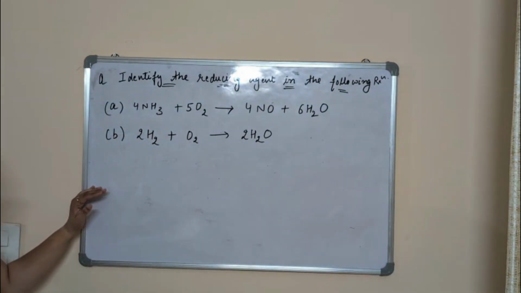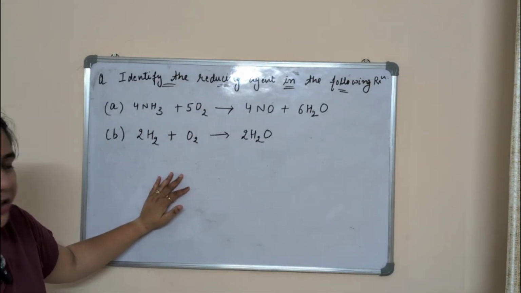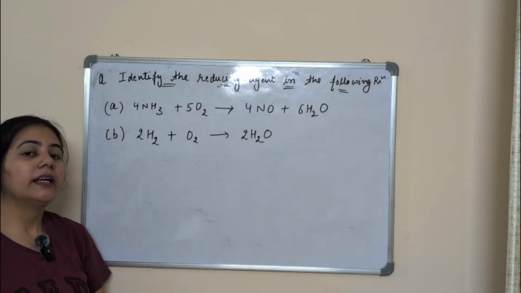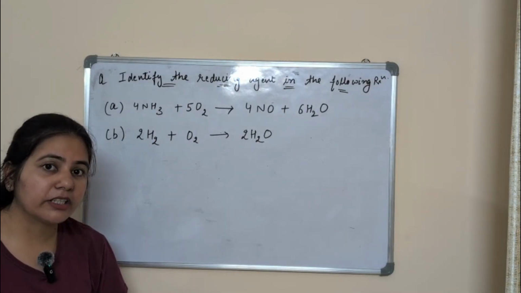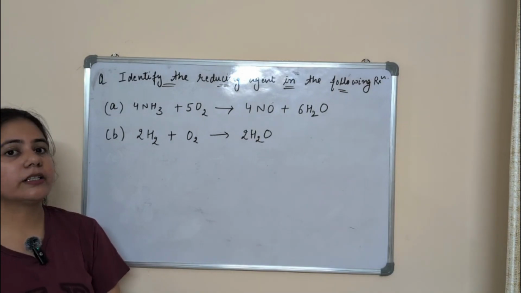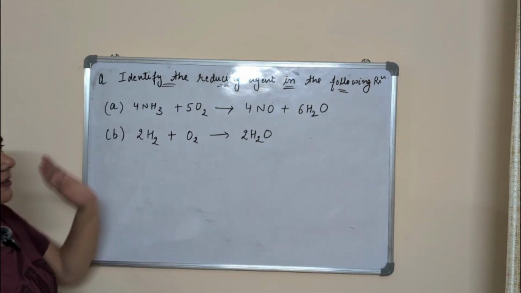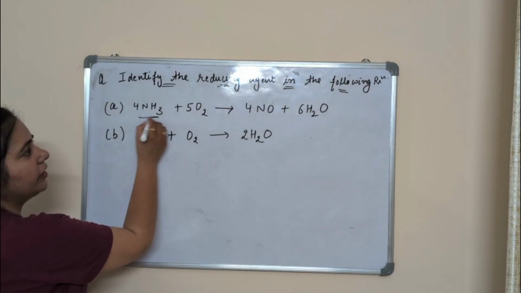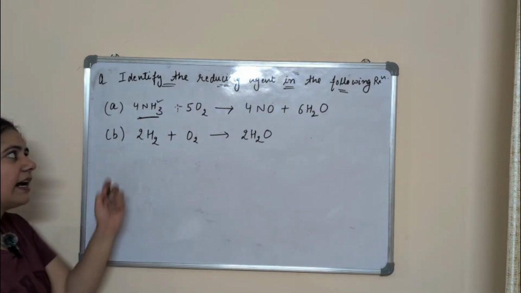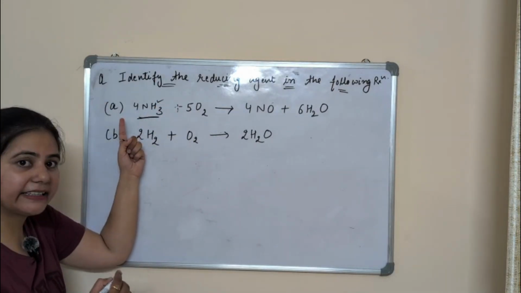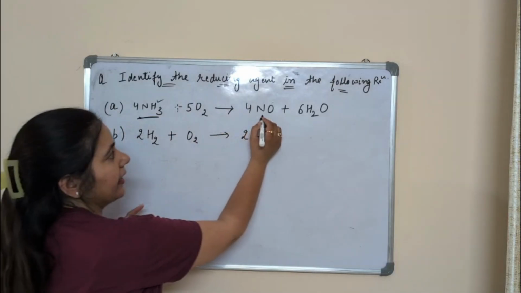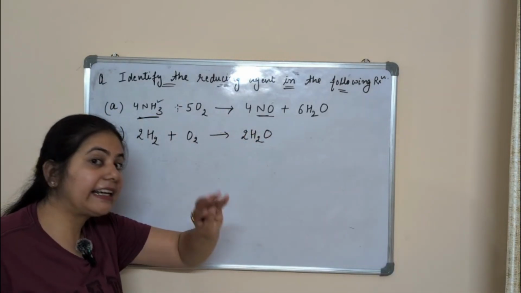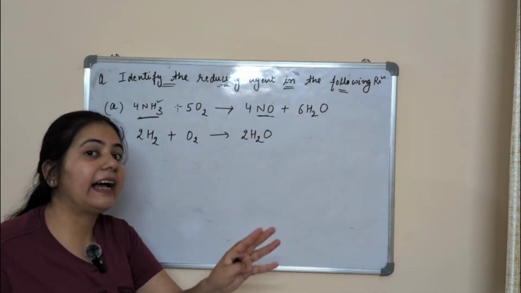So let us identify which one is undergoing oxidation here. As per the definition of oxidation, addition of oxygen is oxidation, or removal of hydrogen is also oxidation. So let us see what is happening here. In ammonia NH3, hydrogen is attached to nitrogen on the reactant side, but on the product side, hydrogen is getting detached from nitrogen and oxygen is getting attached to it.